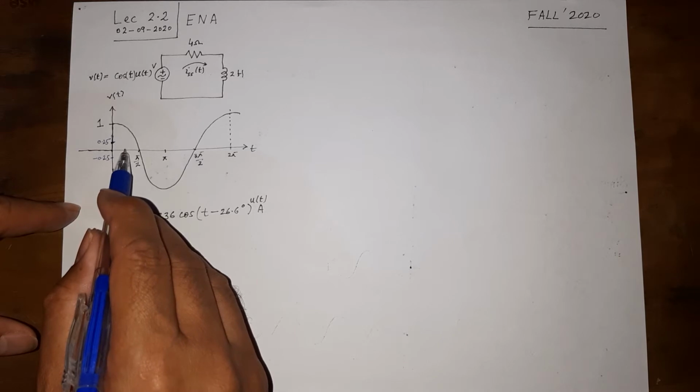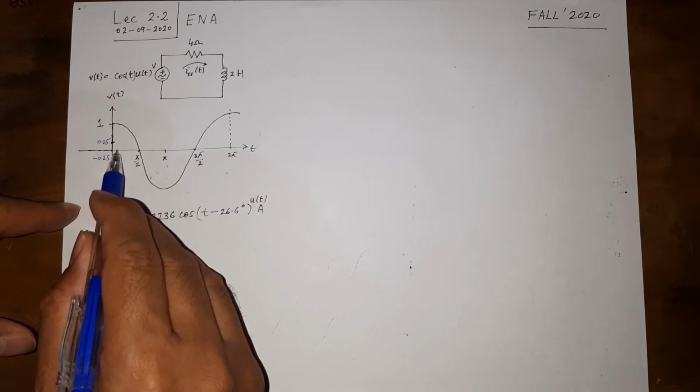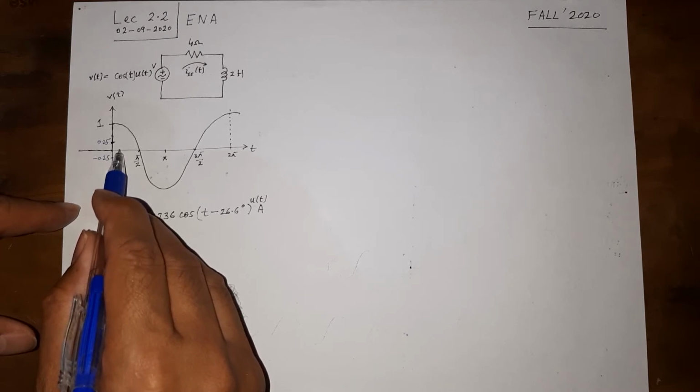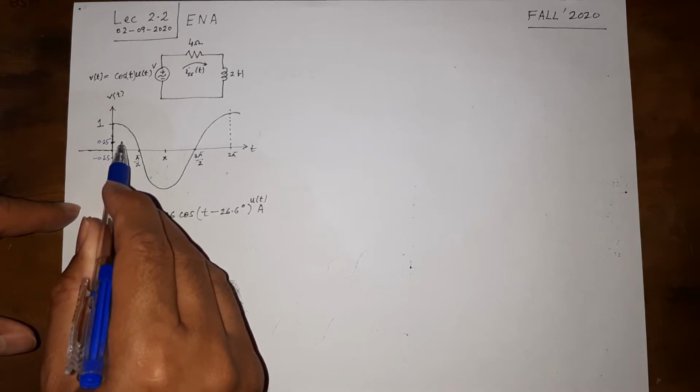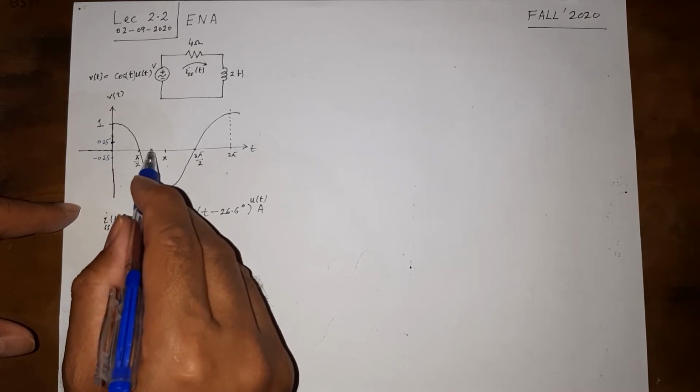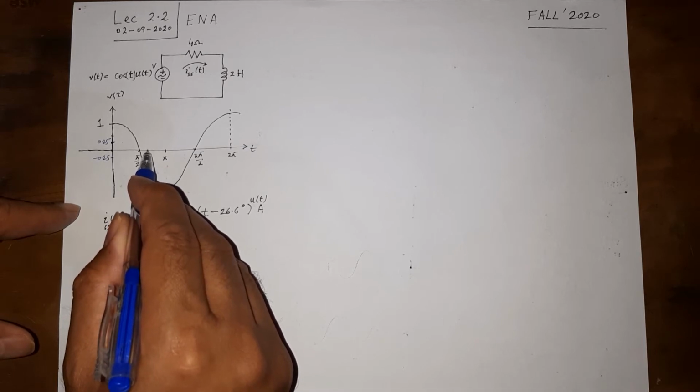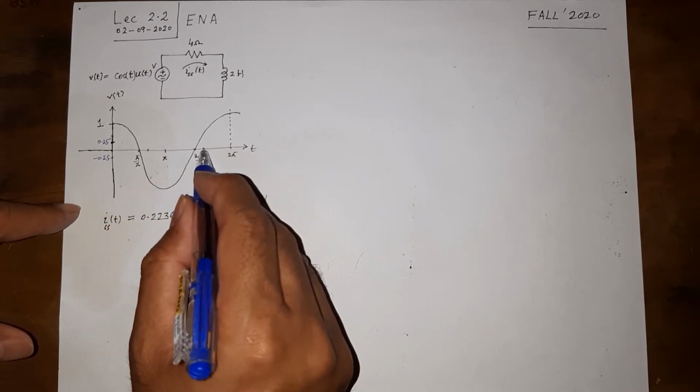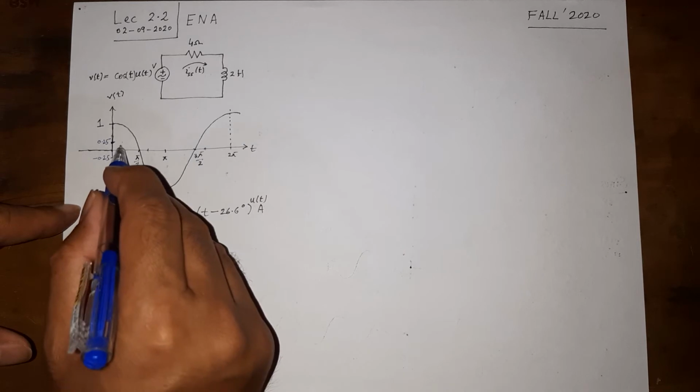So if this is 90 degrees, this much is 45 degrees, and half of it would be 22.5, so something slightly greater than this. So instead of starting from here, it starts from here. It crosses 0 here, and so on.